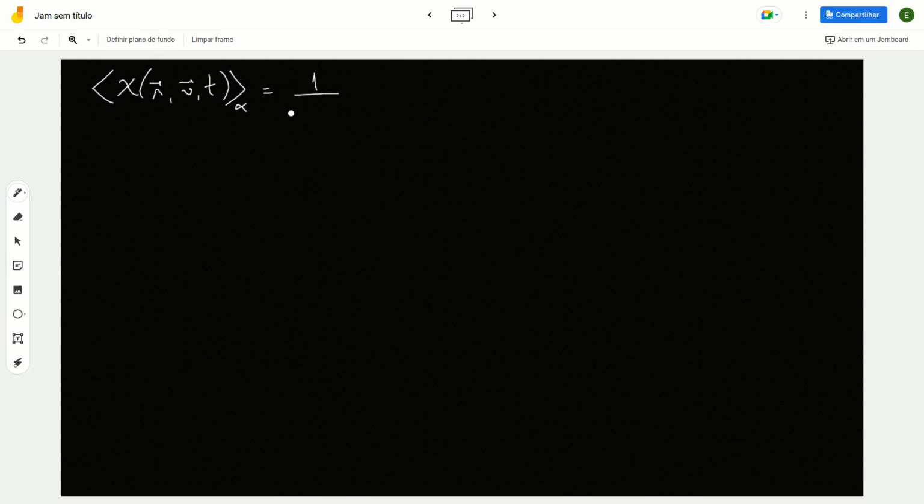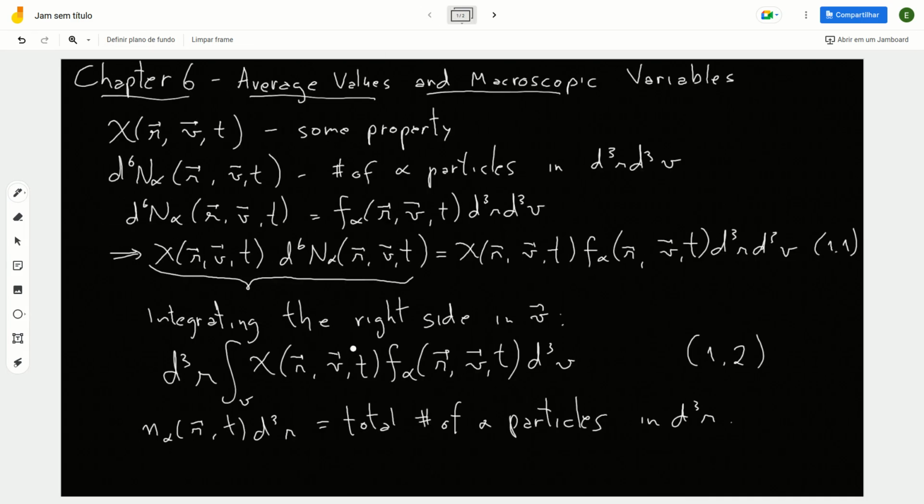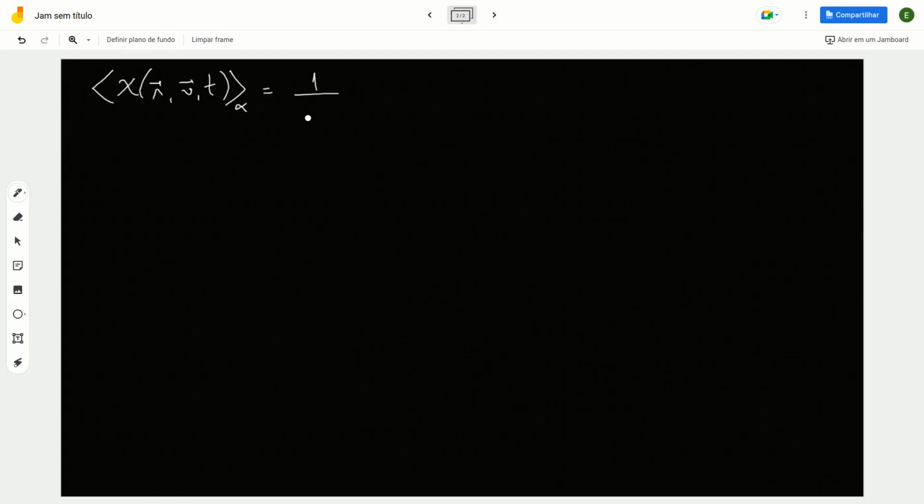Then in this case, I will cancel with this d3r here and end up with this quantity: the integral of chi of R, V, T times f alpha of R, V, T.